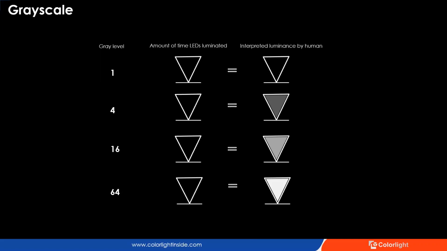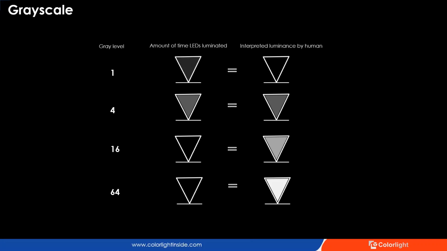There are 4 LEDs. The first LED displays gray level 1. Its on time will be very short, and the human eye would perceive it as very dark. If displaying gray level 4, a human eye would perceive it as a little bit brighter than gray level 1.